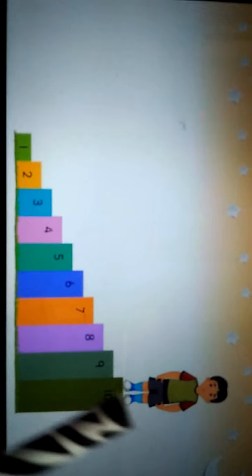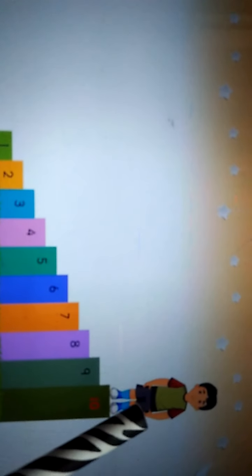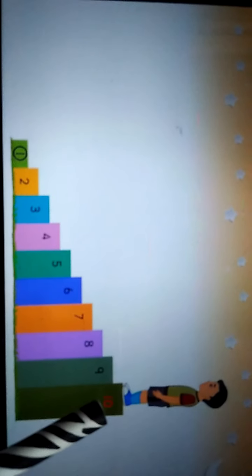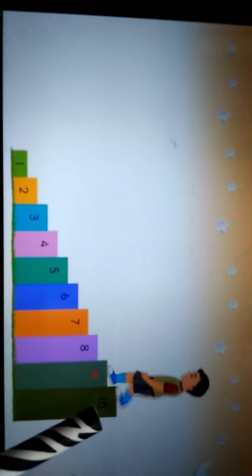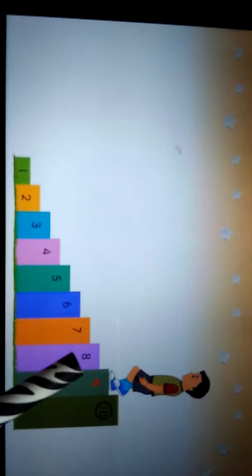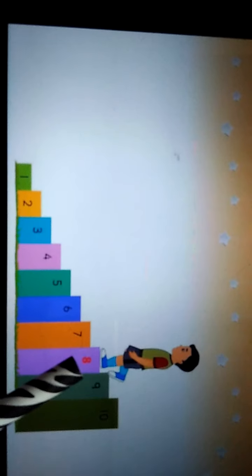Now we shall see Rahul wants to come down the steps. Let's see. He is standing on top, that is the biggest one, that is number 10. Now as he tries to walk down, he comes down from 10 to 9 and then 8, as you can see.